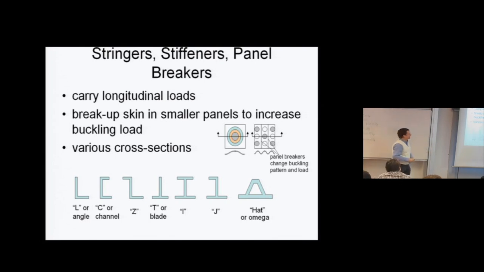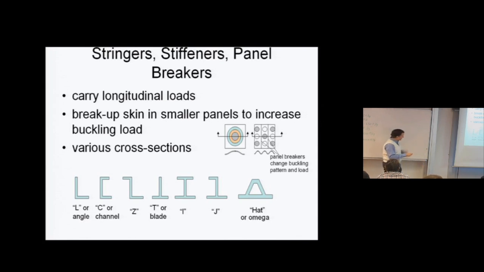If I add stiffeners, and those stiffeners, which are meant to be those vertical lines shown here, are stiff enough, they actually will stay straight when the skin buckles, and the skin will only buckle in between the stiffeners.